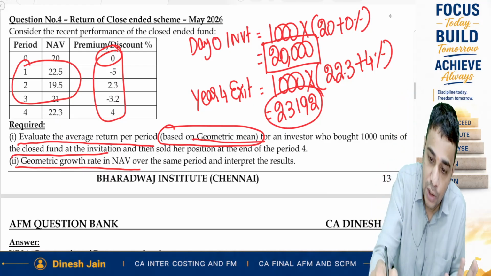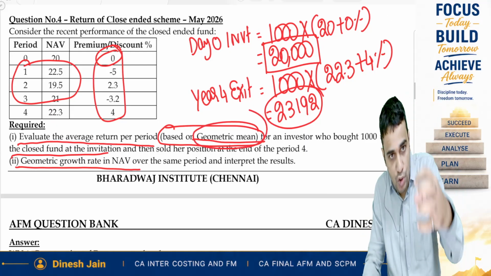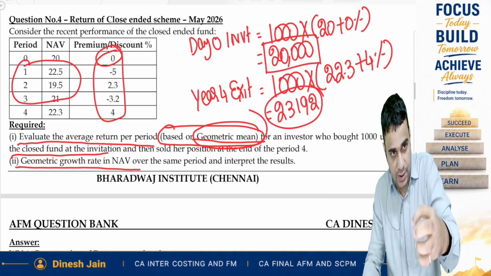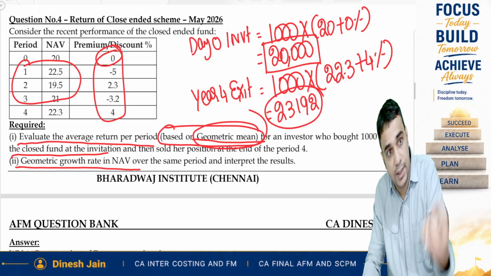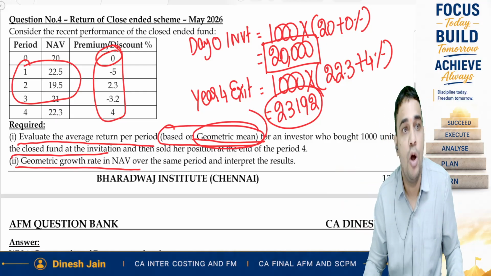I'm repeating again: geometric mean technically means on the amount you invest, you earn a return the first year. On the second year, you earn return on return. So technically, it becomes a compounding effect.